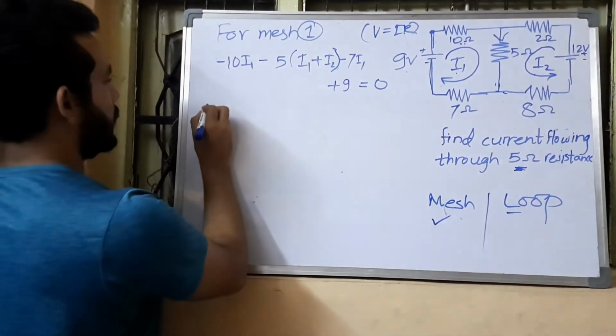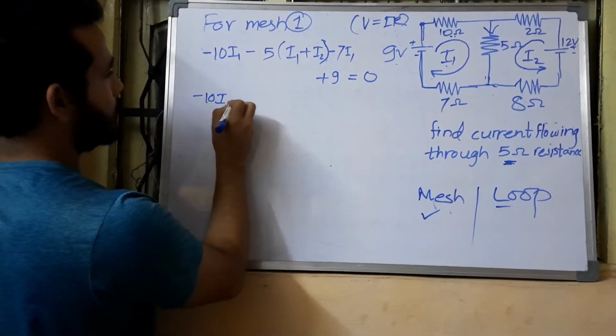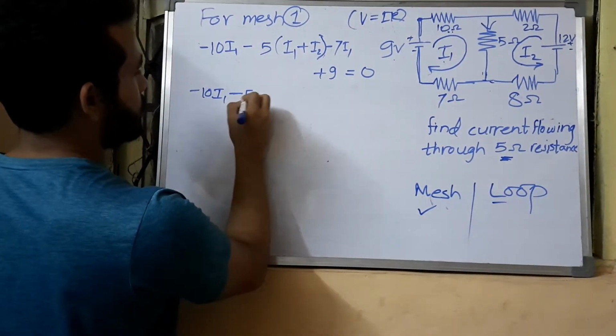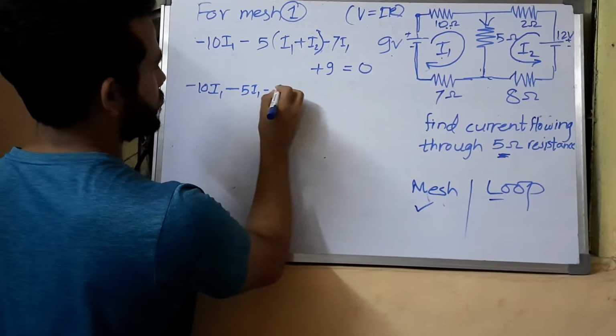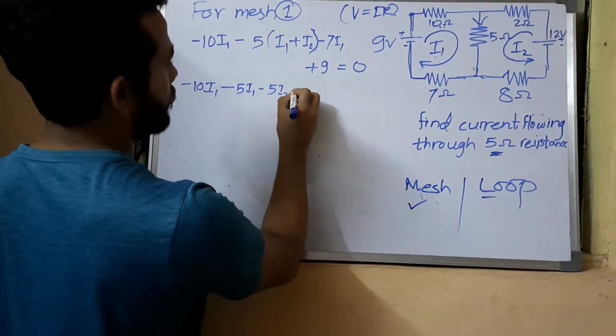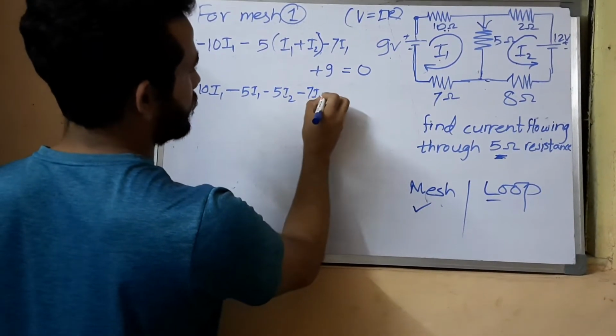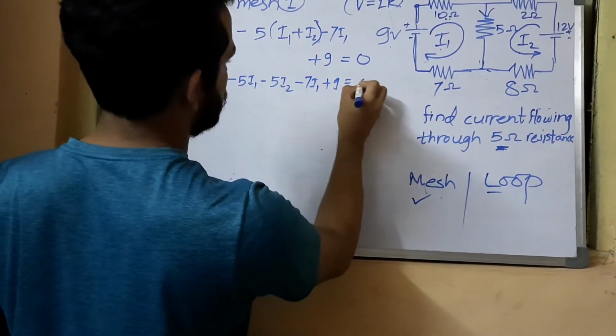So minus 10 I1 minus 5 I1 minus 5 I2 minus 7 I1 plus 9 is equal to 0.